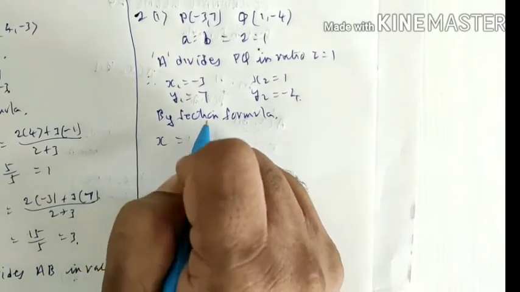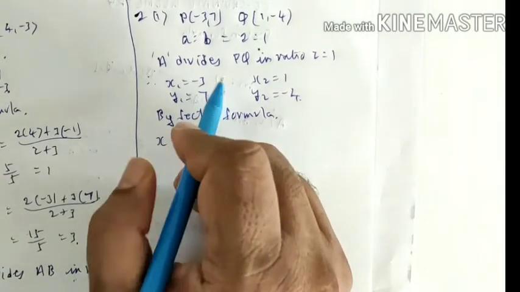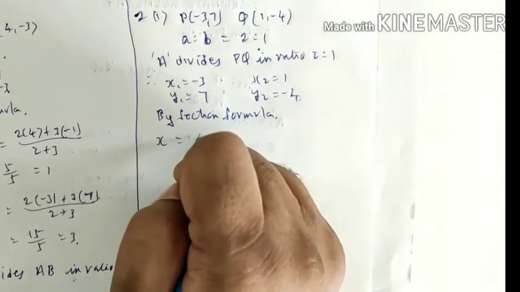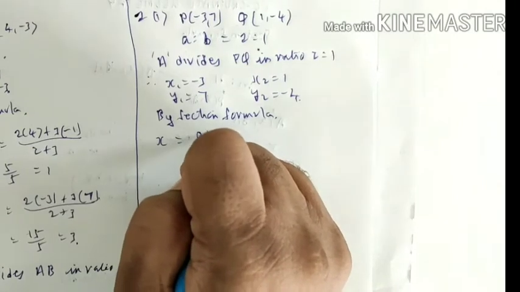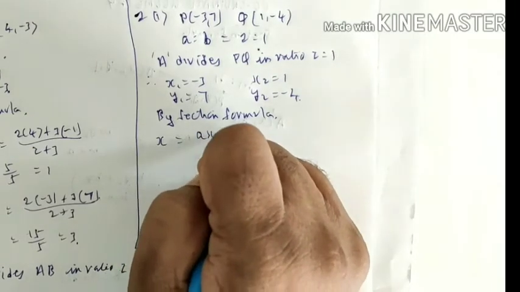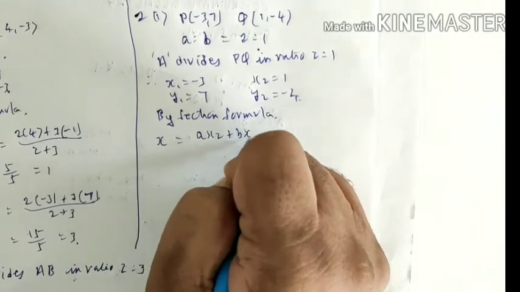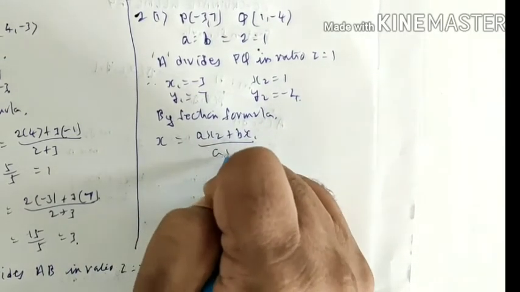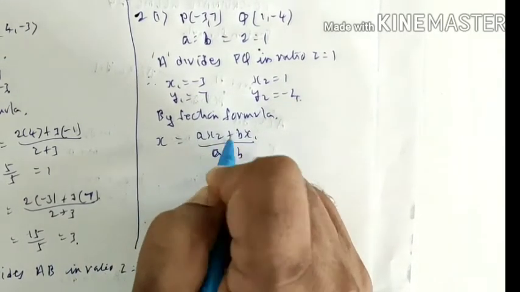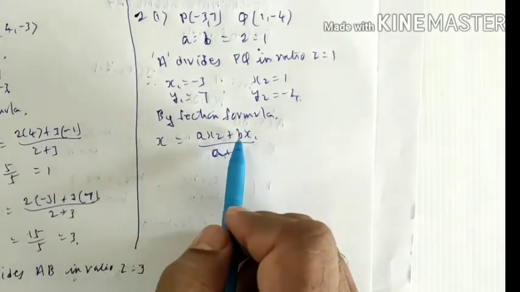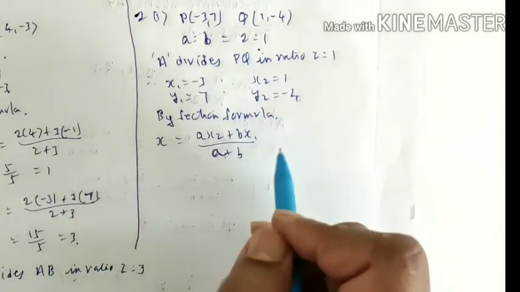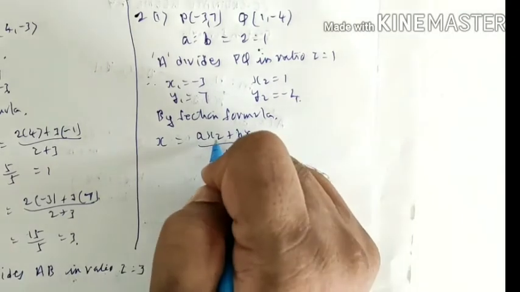the x coordinate of point A is given by (a x2 + b x1) upon (a + b). Instead of m and n I am writing a and b because here the ratio is given as a is to b. Now on substitution, how much do we get?